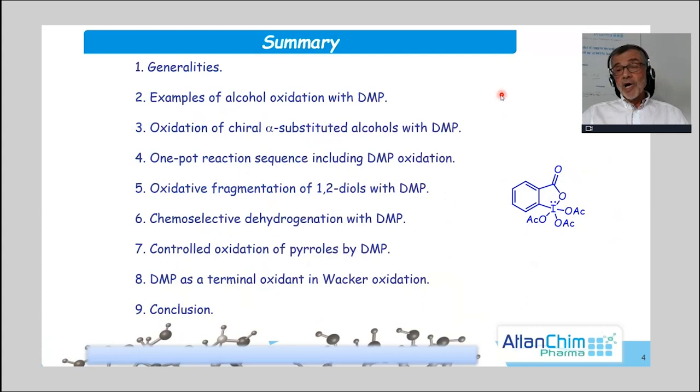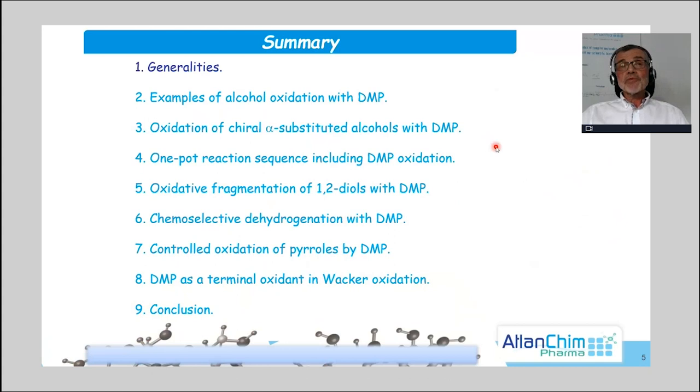You have on this slide the summary of the different points concerning Dess-Martin's reagent, which we will discuss through recent examples, mainly from total synthesis of various natural products and also from medicinal chemistry.